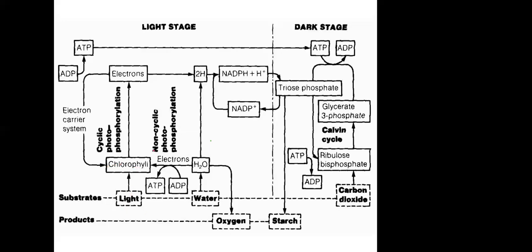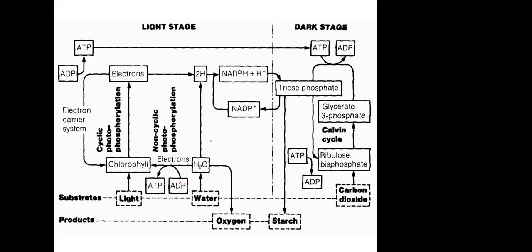Then for the non-cyclic, remember chlorophyll contains those photosystems. The photosystems in the chlorophyll molecules lose electrons, and the electrons are going to be used to join the protons that came from the splitting of the water.